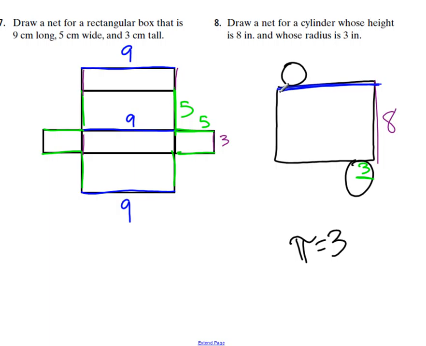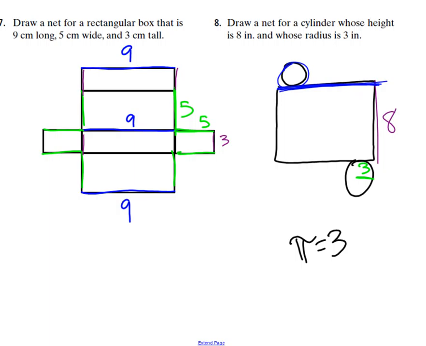Very good. If you consider that this middle section is just the circle unfolded, right? So that means that this distance from left to right is the same as the distance around the outside of the circle. So what do we call the outside of the circle?